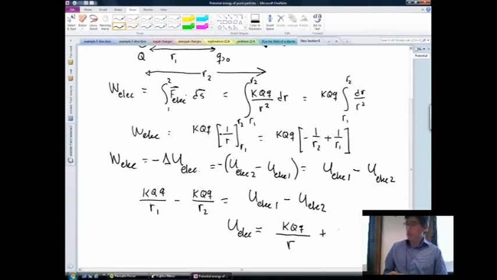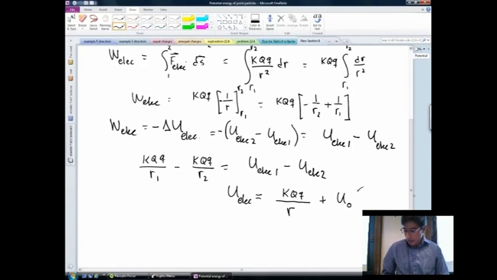There is in principle a constant, some U sub 0, because all this is telling you is the difference between the function evaluated at R1 and the function evaluated at R2. So if the function had some constant that does not depend on r, that constant of course would cancel, and you would just get the same answer. So in principle you could have a constant value added to the potential energy function.